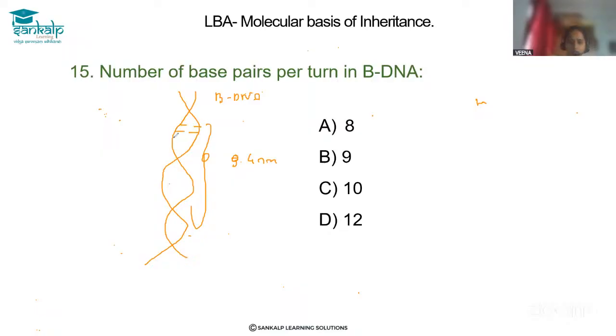I have already told you the answer: per turn there will be 10 base pairs like this, and in between the base pairs there will be hydrogen bonds. So 10 base pairs are present in each turn. The correct answer is option C, 10 base pairs per turn.